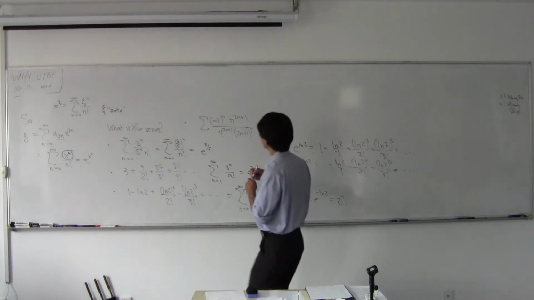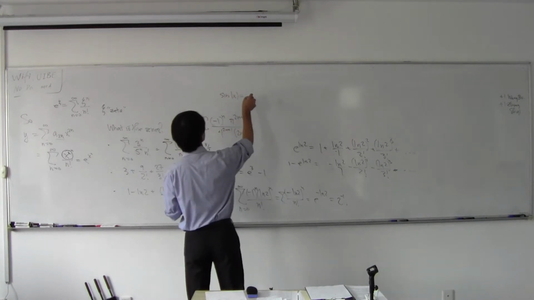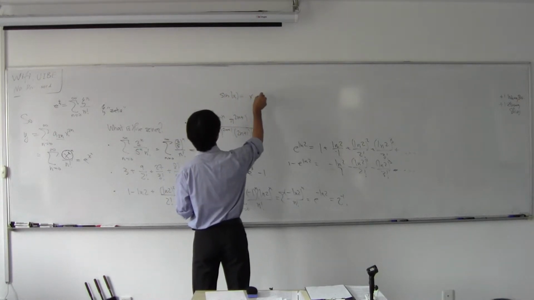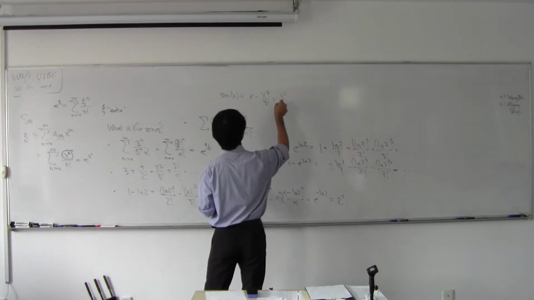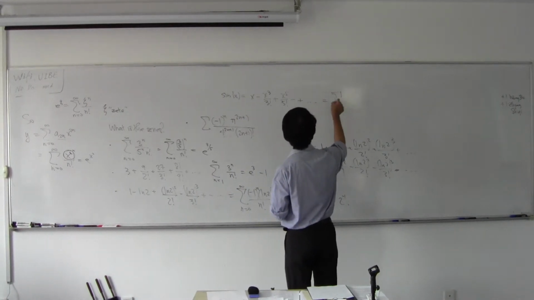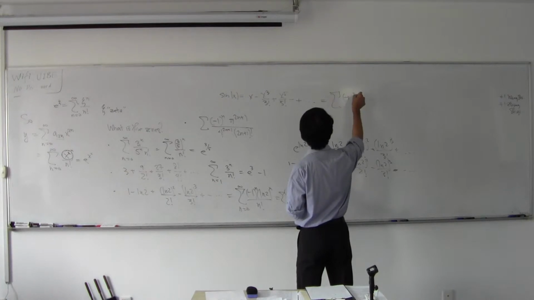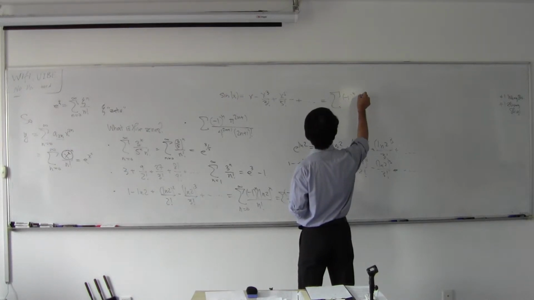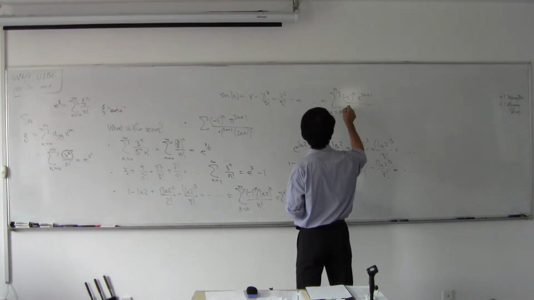Right? Because you know what the sine is, right? Sine of x is, right, x minus x cubed over 3 factorial plus x to the 5th over 5 factorial minus plus minus plus, right? Which is to say, negative 1 to the n x to the 2n plus 1 from n equals 0 to infinity over 2n plus 1 factorial.